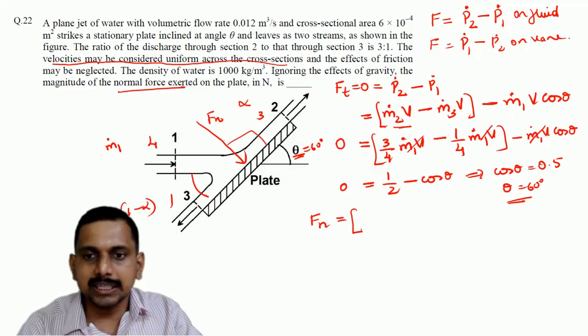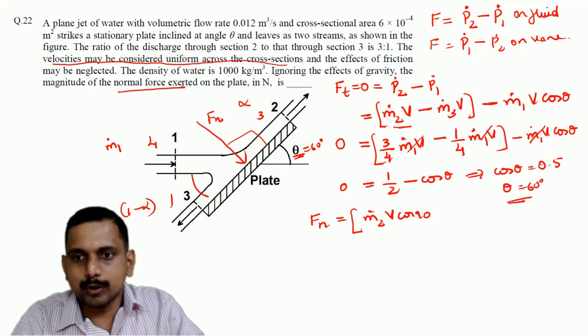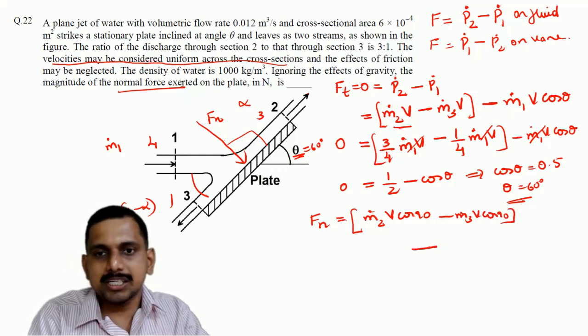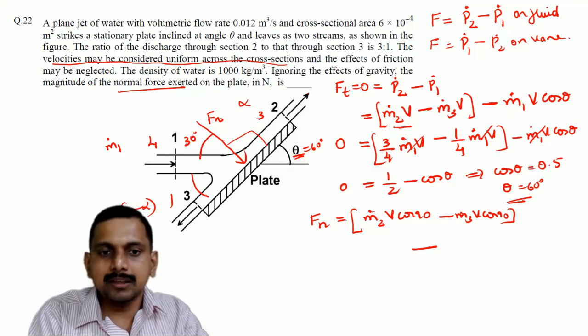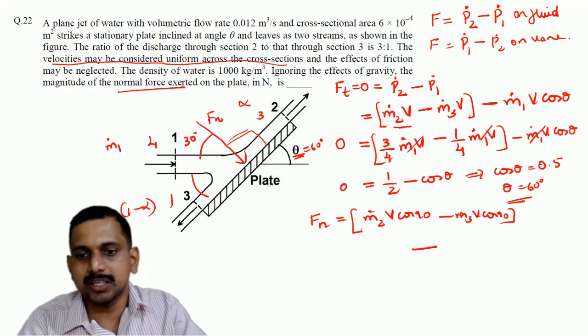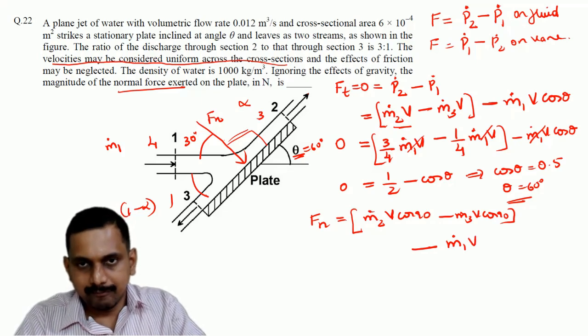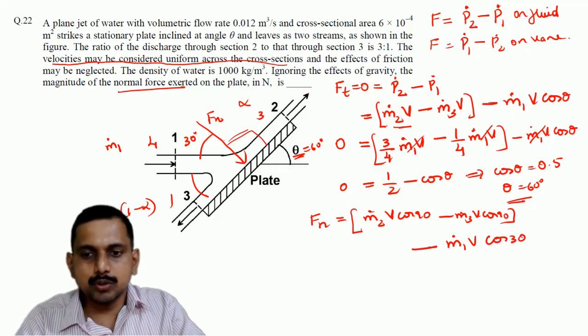So cos 90 is 0, that goes off. Similarly, M3 dot into V cos 90 goes to 0. Minus, only this one comes into the picture, and this has to be shifted by 30 degree, because if this is 60 degree, this is 90, this is 30. So this would be M1 dot into V into cos 30.